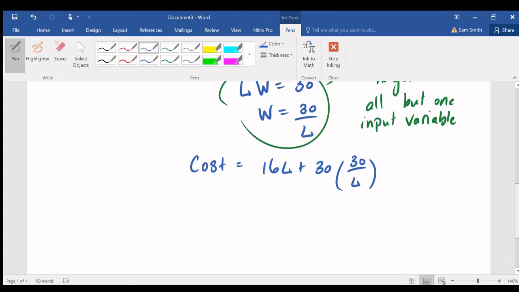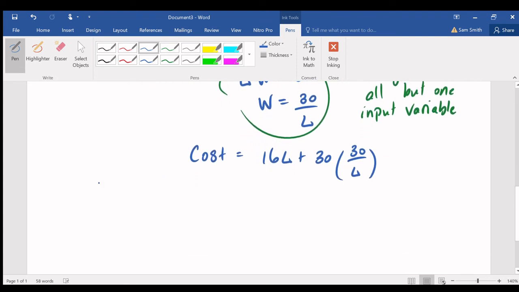So this now gives me cost as a function of the letter L only. Cost as a function of L is 16L plus 30 times 30, so let's just go with 900 over L. Now cost is a function of L alone.